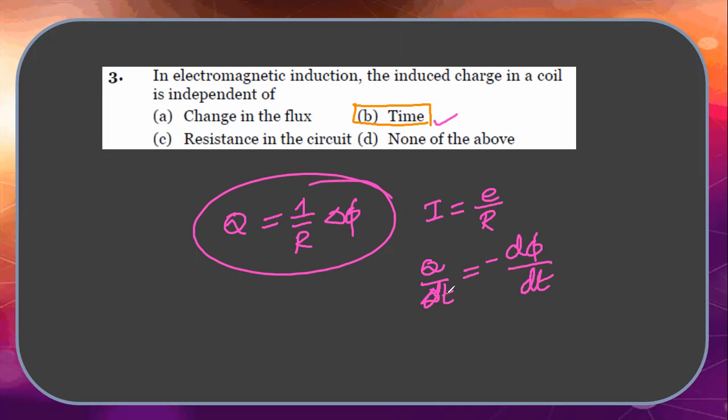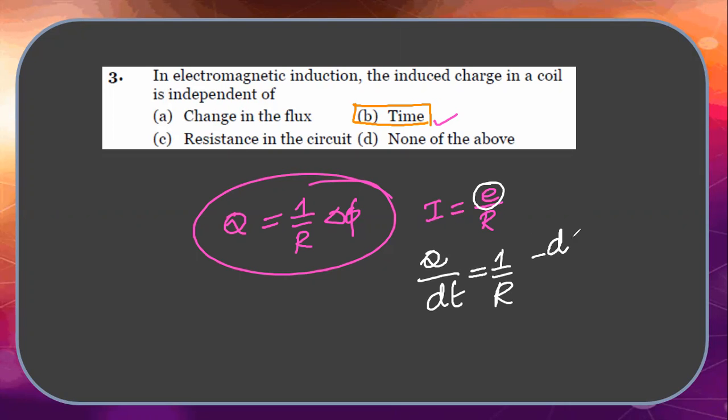So this dt into 1 by R. Once again I'll rewrite it. I is equal to Q by T we used to write. I is equal to Q divided by dt we may write, is equal to 1 by R into, what is that induced EMF? E is equal to minus d phi divided by dt we will take.